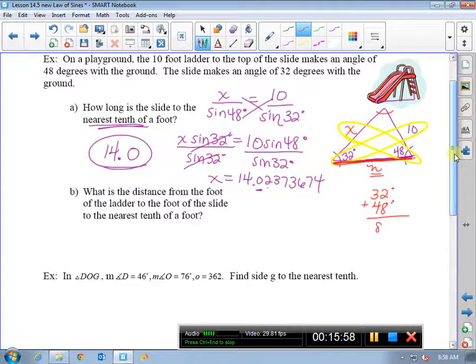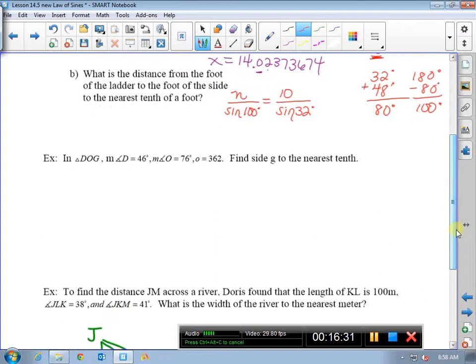They add up to 80 degrees, so from the 180 degree total, we'd have 100 degrees for that last angle. So now I know I can find side N. N is to the sine of 100 as, and let's use the original pair that was given, 10 is to the sine of 32. Cross multiply, divide, same old, same old.